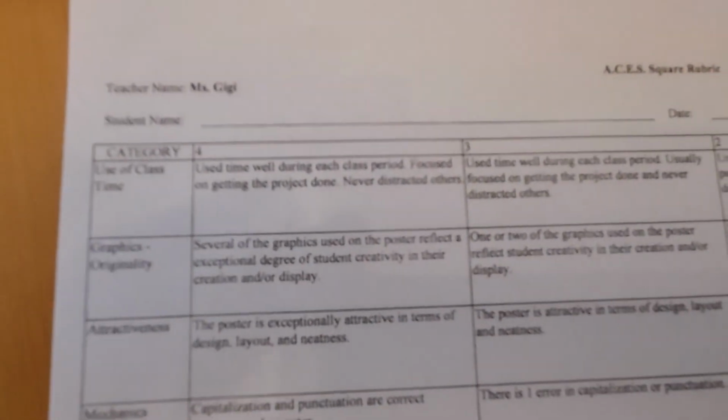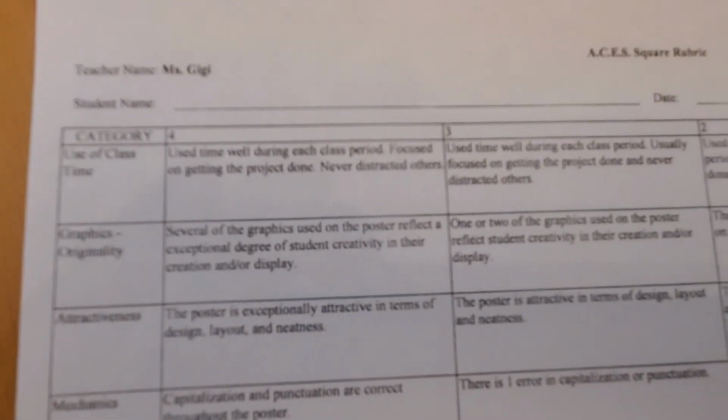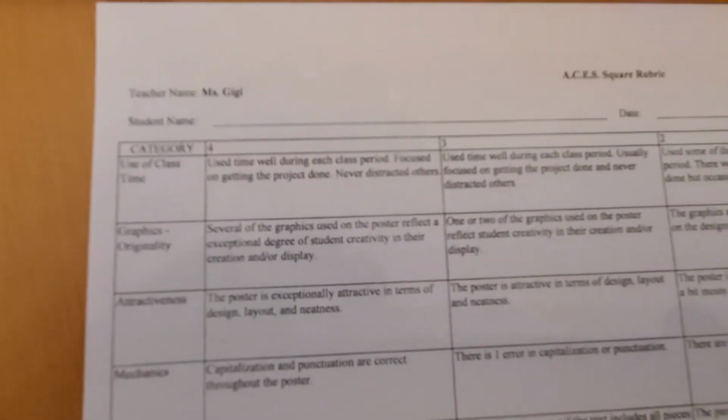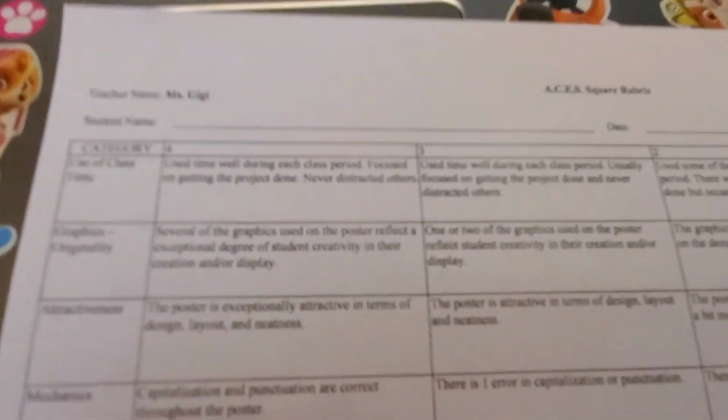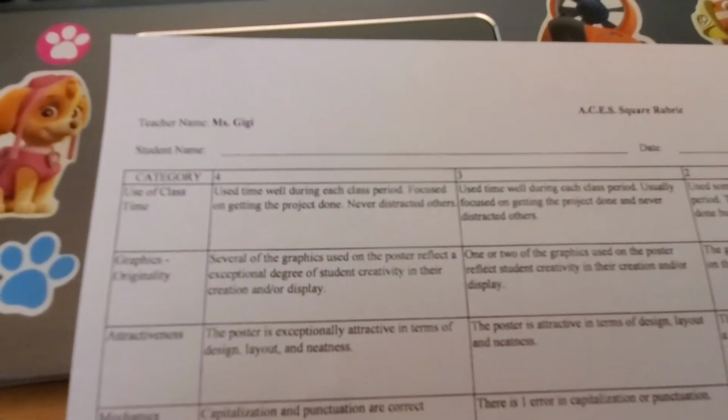Now, if we take a look at the rubric, which you guys will have a copy of also, you're going to want to try and aim for a 4, right? Let's see if I can make that. I can't quite get it in focus, but you guys will have a copy of this. So you want to aim for a 4.